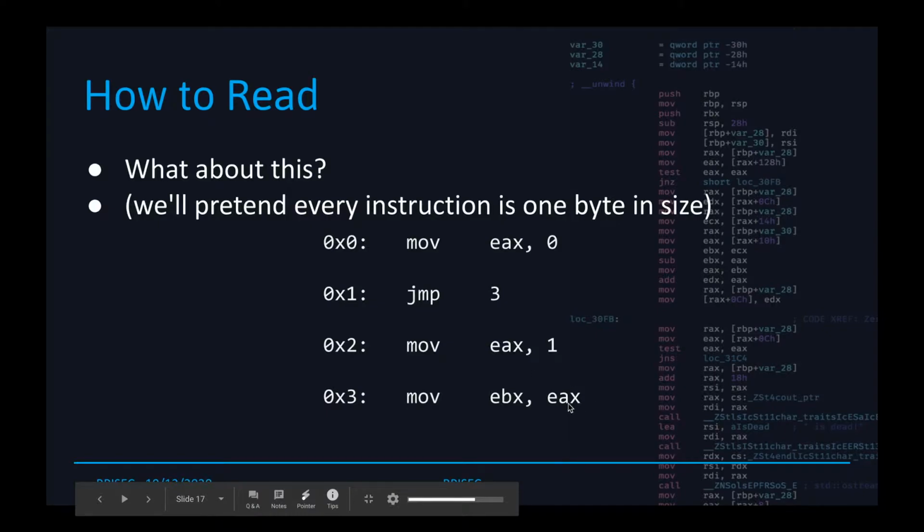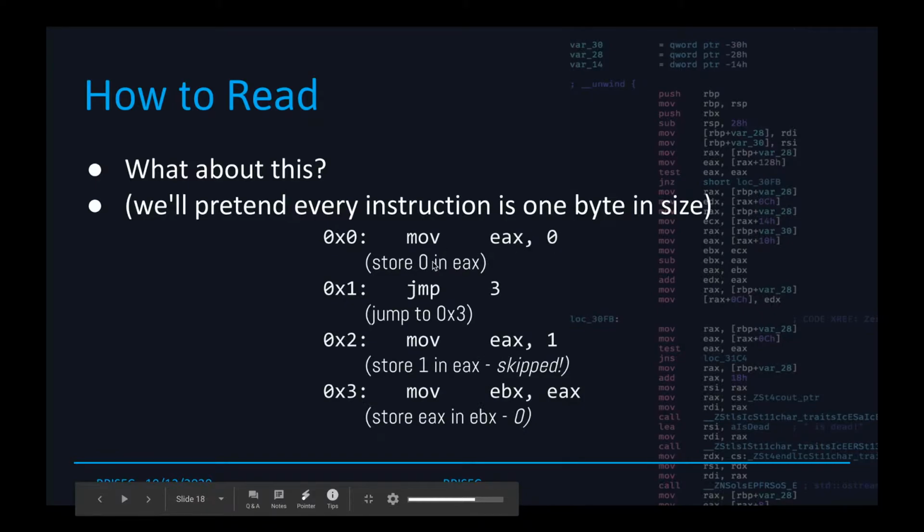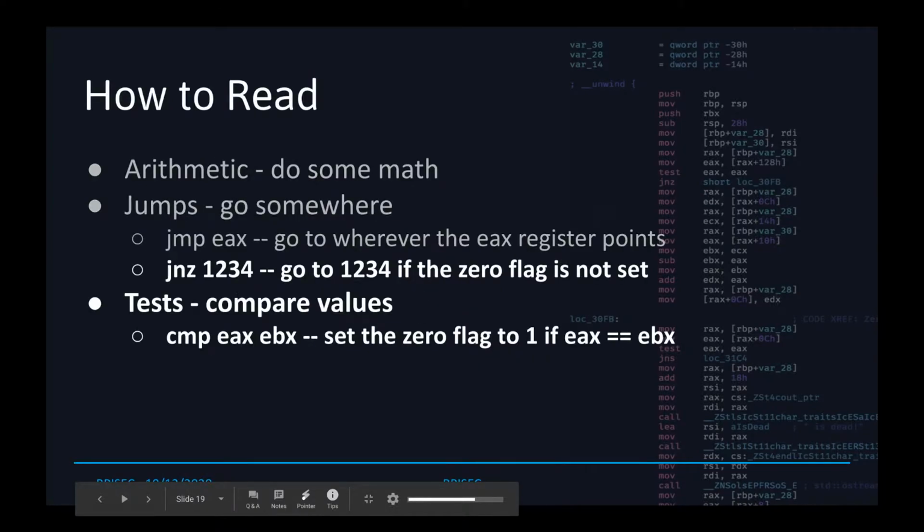We're just going to be moving EAX into EBX. So at the end, after all of this code gets executed, we're going to have that value 0 in EBX.